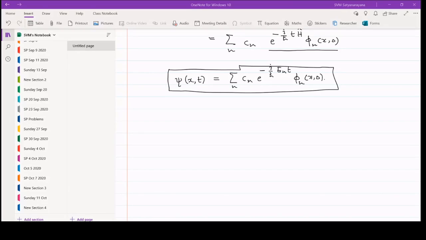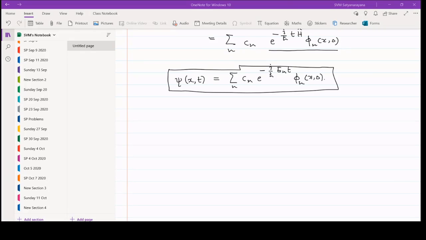Correct. Okay, sir. One more thing: in the previous postulate, you said that psi of x equals some summation of all of its eigenstates. But in general, when we talk about measuring energy, we think it should be a sum of all possible energy eigenstates.